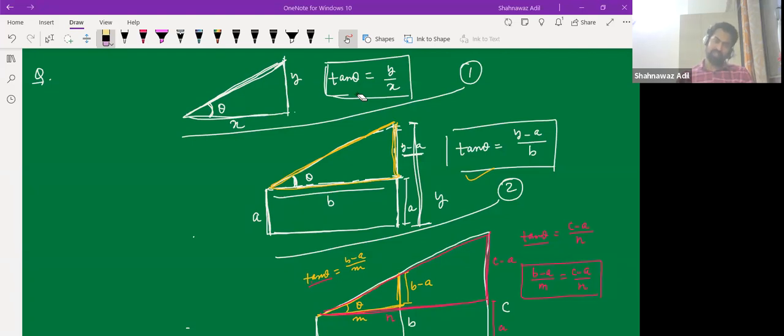And then we'll do one question, and I want to start EMF, right? Combination of cells and all those things. I want to start it today.